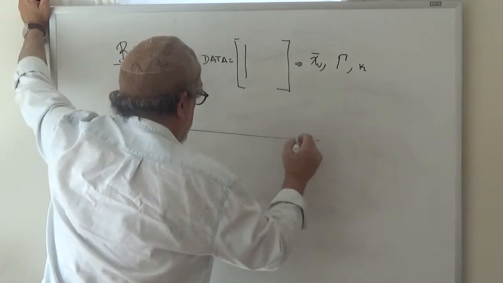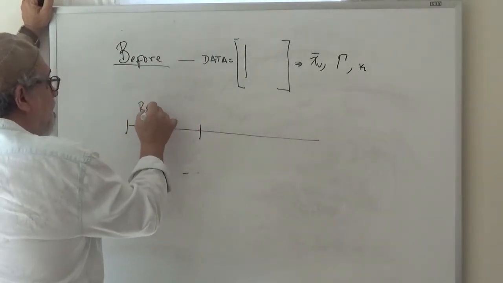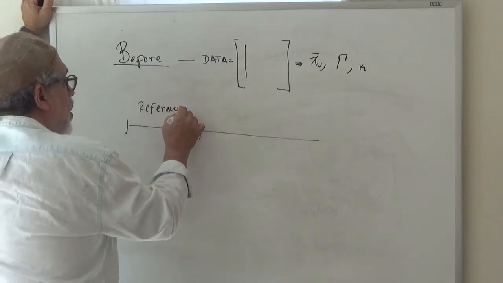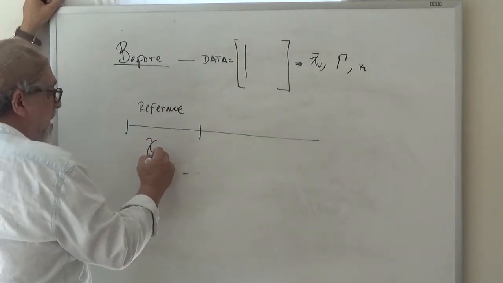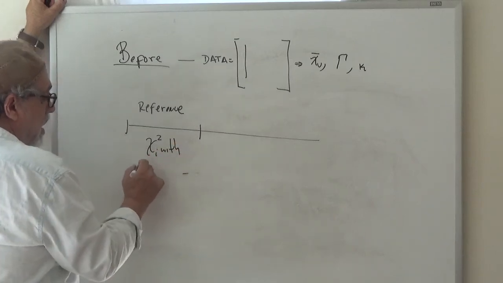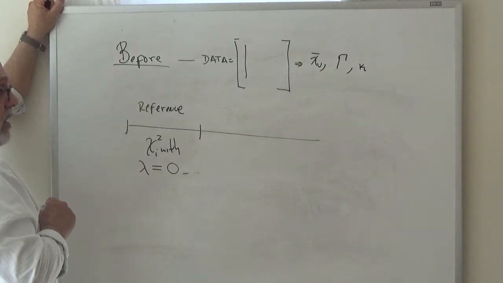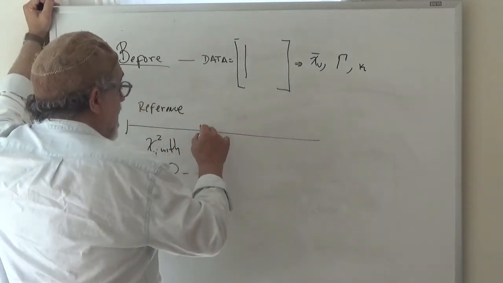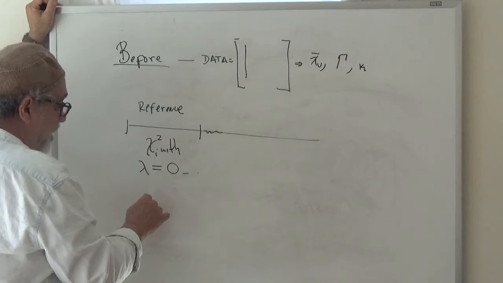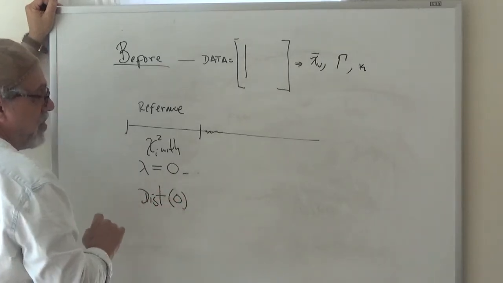You have the data during this time, which is the reference. We assume that we have a chi-squared with non-centrality equal to 0, which is a standard chi-squared. Okay? So this is our distribution 0 in the previous discussions.